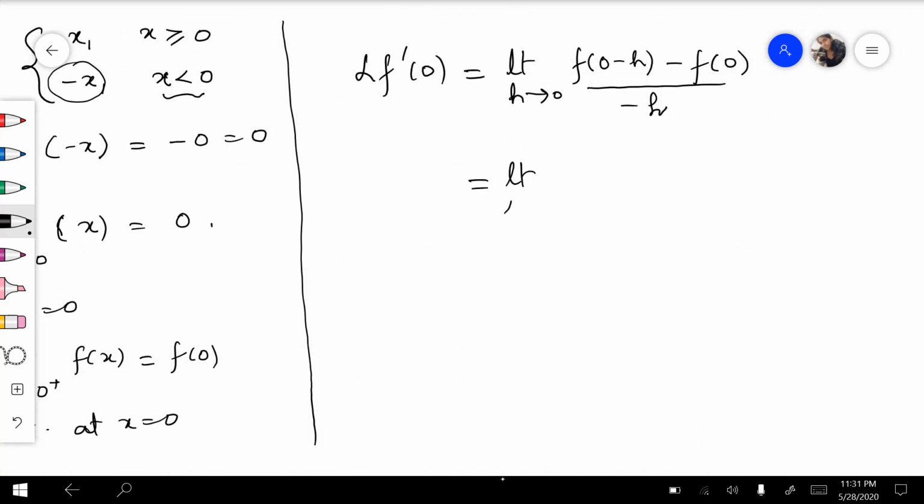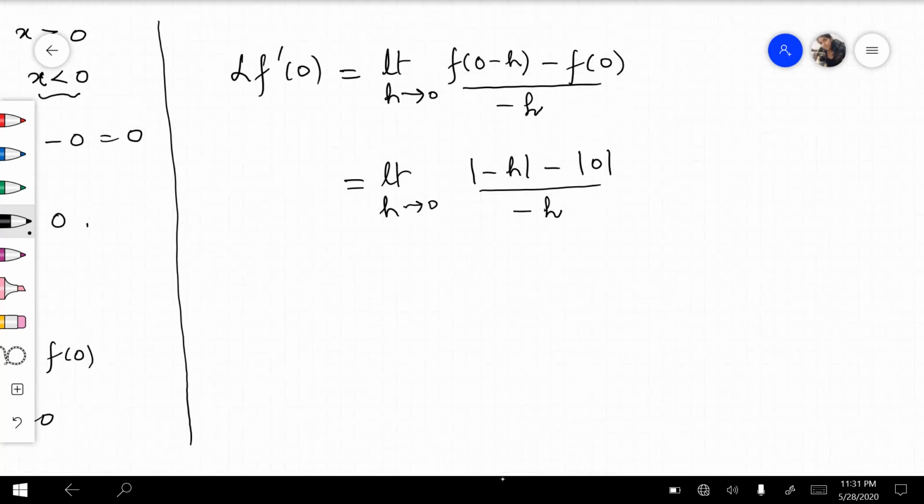Limit h goes to 0 of [modulus of minus h minus mod of 0] upon minus h, which is equal to limit h goes to 0 of [h minus 0] upon minus h, which simplifies to minus 1. इसी तरह से right hand derivative at 0.